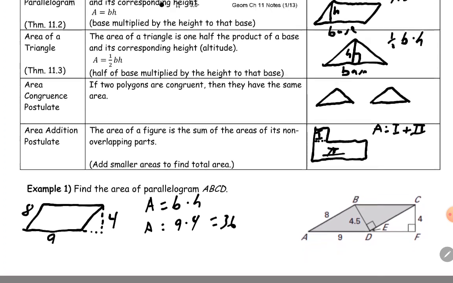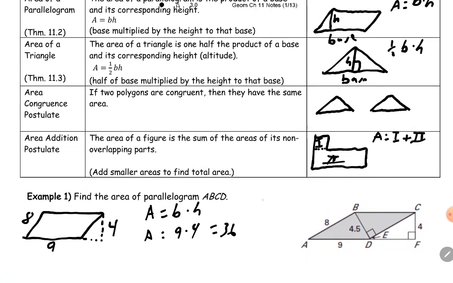But let's take a look, actually. So it's sitting on its side, 8. Let's call this A, B, and then C, D. So these would be 9s, those would be 8s. And they say that this is 4.5.